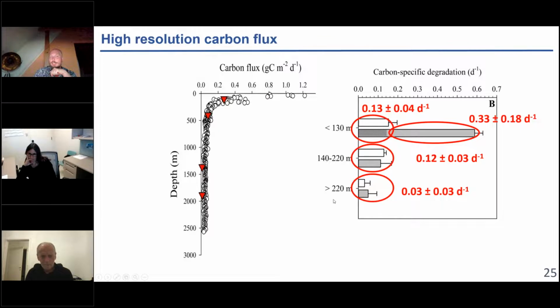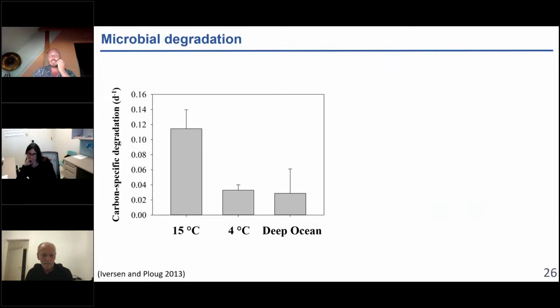And then the question is, why is it so much lower in the deep ocean? Because you would expect if this is colonized by deep ocean bacteria, they are accustomed to high pressure and to whatever is down there. So first we did a little test to see is it just temperature or is temperature really important? So we took aggregates at 15 degrees, formed them, measured carbon-specific degradation, took the same aggregates with the same microbes, added them to 4 degrees, measured the carbon-specific degradation again, and then we compared it to the in situ.